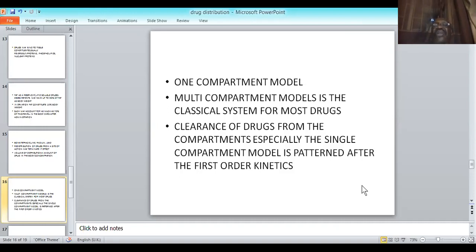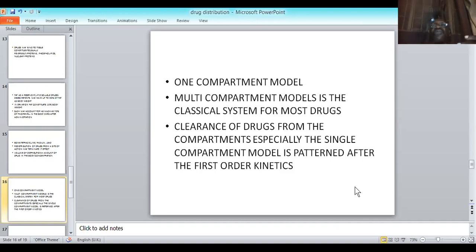Also, not only the metabolism of drugs, the excretion of drugs can also be patterned the same way after first order kinetics or zero order kinetics.